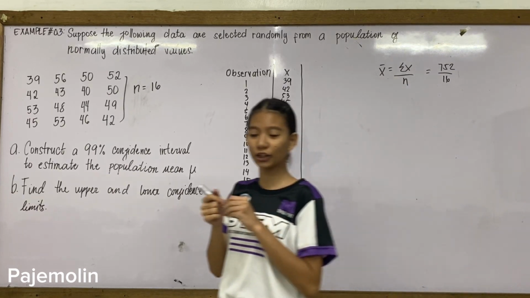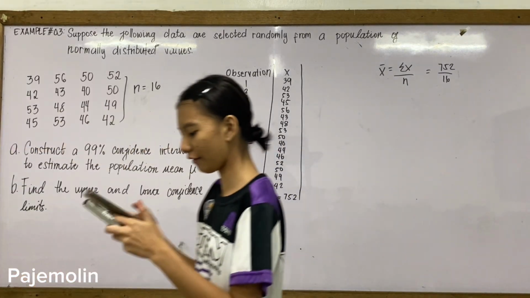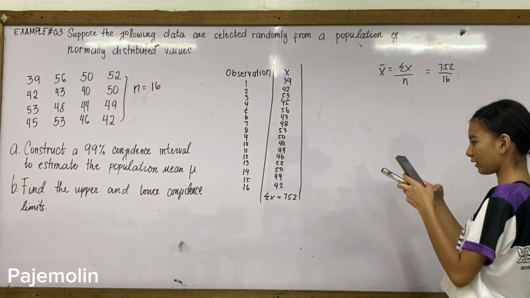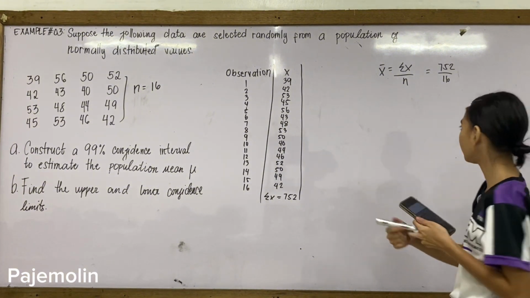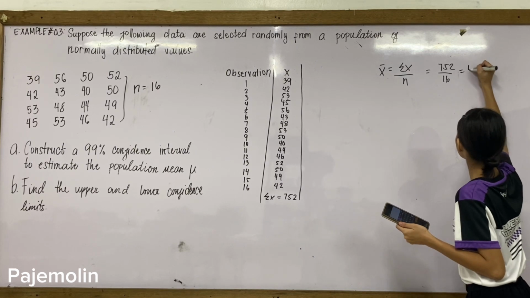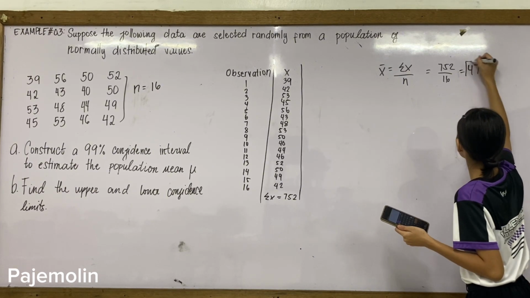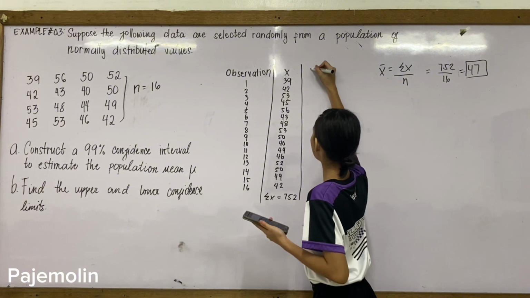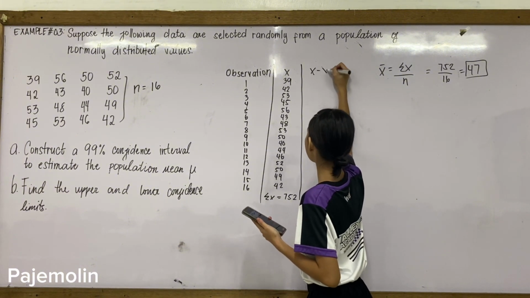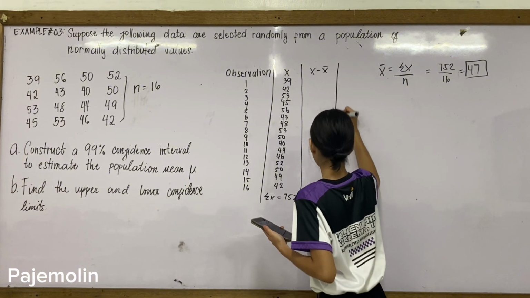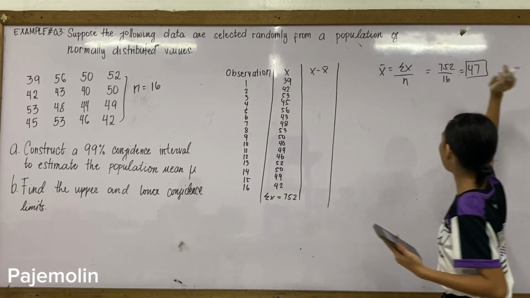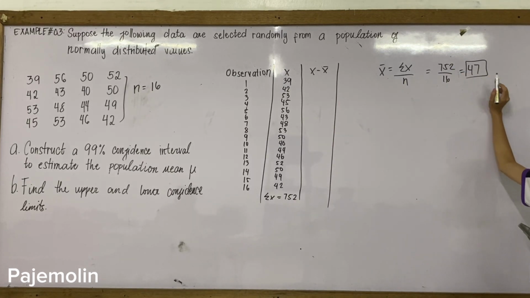Using your calculator, 752 divided by 16 is 47. So our third column is x minus our sample mean, where our sample mean is 47.